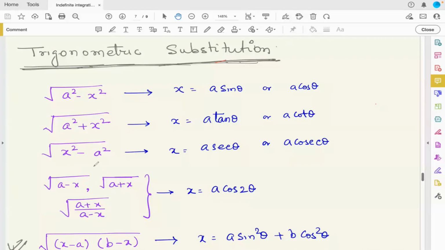Wherever there is x square minus a square, we try to put sec theta and cosec theta, because we know that cosec square theta minus 1 equals cot square theta, right? So if we apply that, this whole value comes out of the root; whatever product result comes inside will come out of the root.